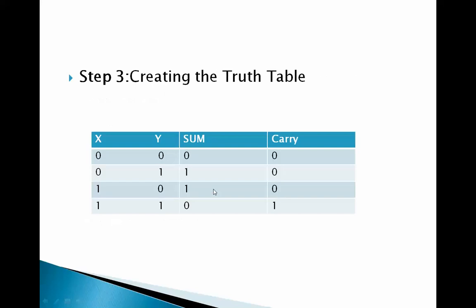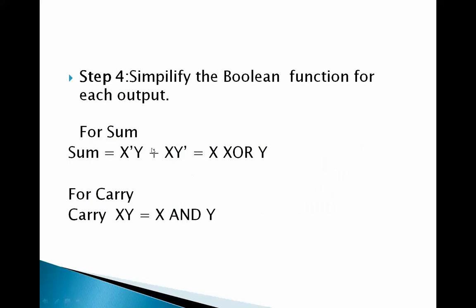So sum will be equivalent to x XOR y, and carry will be equivalent to x AND y. Because if you see from the truth table, this is the function of an XOR gate. When both the inputs are of opposite value, like one is 0 and another is 1, then only the output will be high. Or x is 1 and y is 0, then the output is high, that means 1. So we can just simply say that the sum will be expressed as x XOR y.